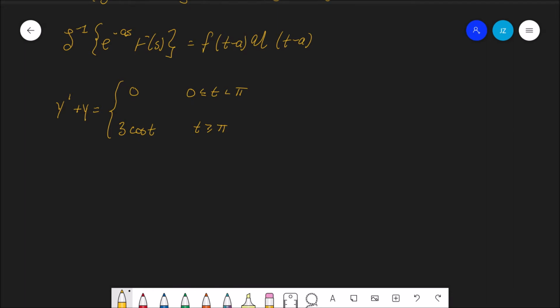Now, what we note is that this function is 3 times cosine of t times the unit step function of t minus pi.